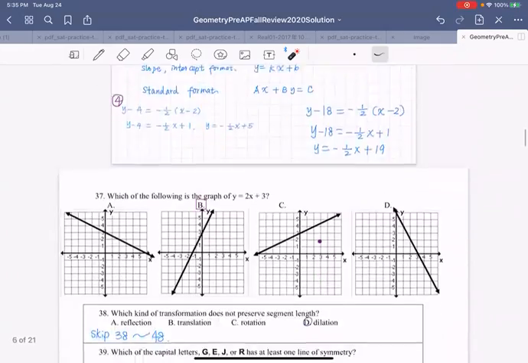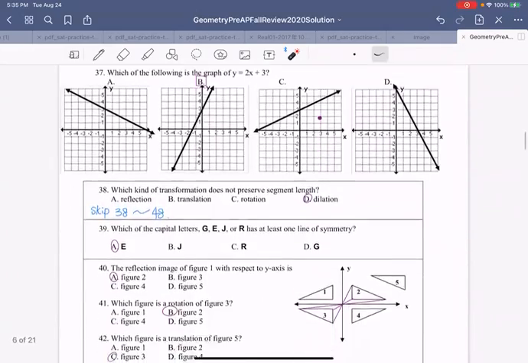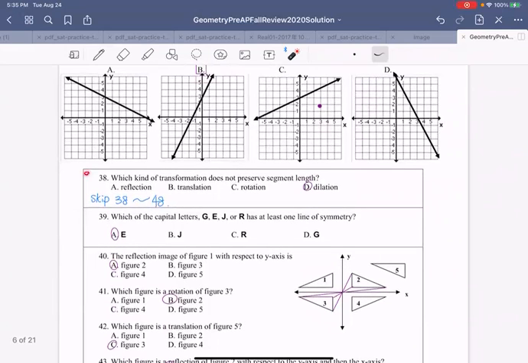Okay, good. All of the following questions are for translation, reflection, rotation, and dilation. We haven't learned this. We will learn this in the next 15 classes of geometry.